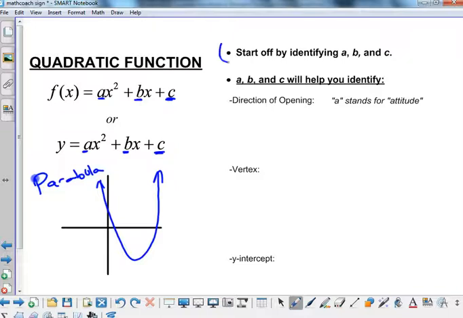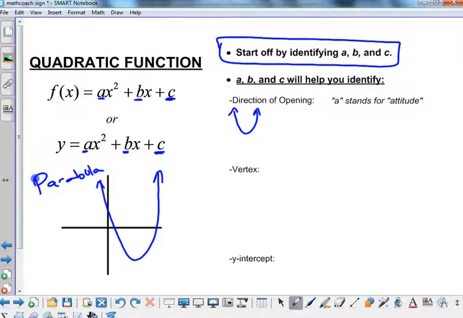If we start off by identifying those, we can quickly gather some information that's going to help us identify, first off, the direction of opening, whether it's going to go up or down. Some of them go upwards, and others go downwards, turned the opposite direction.